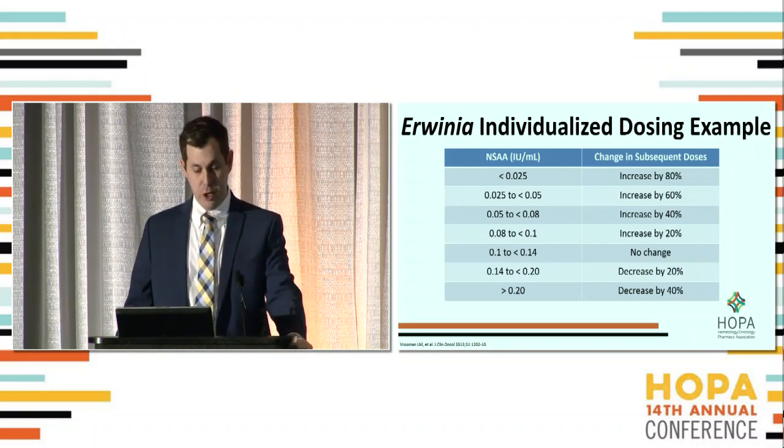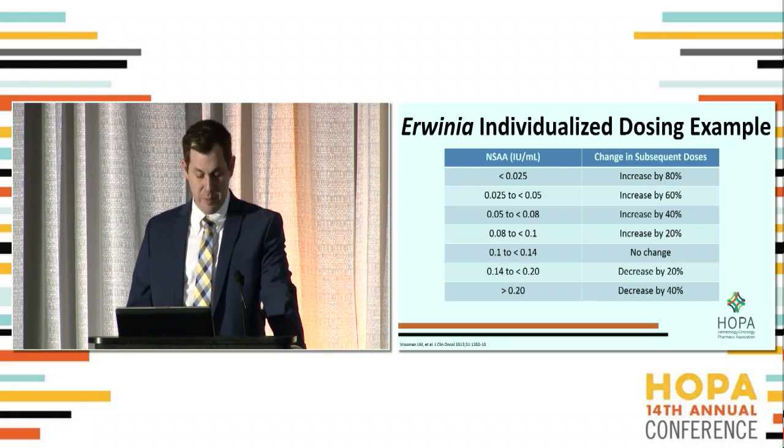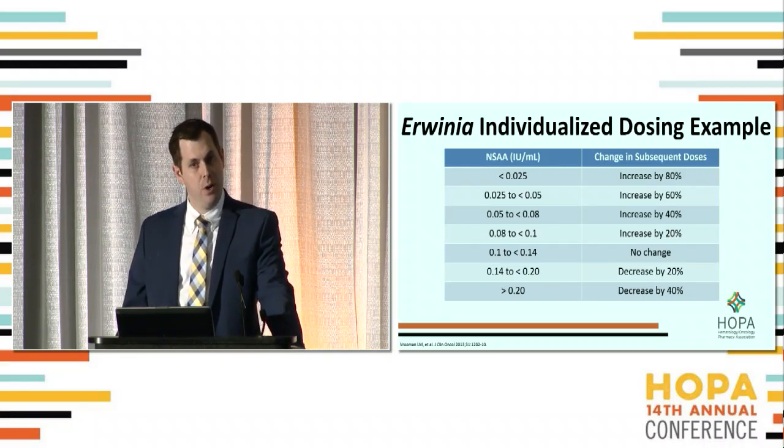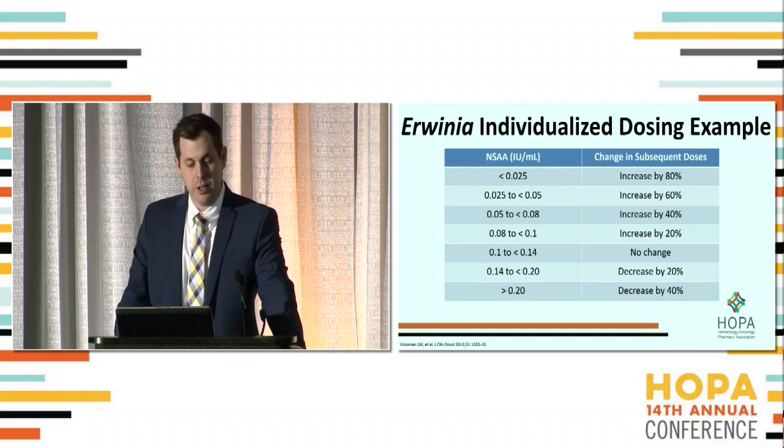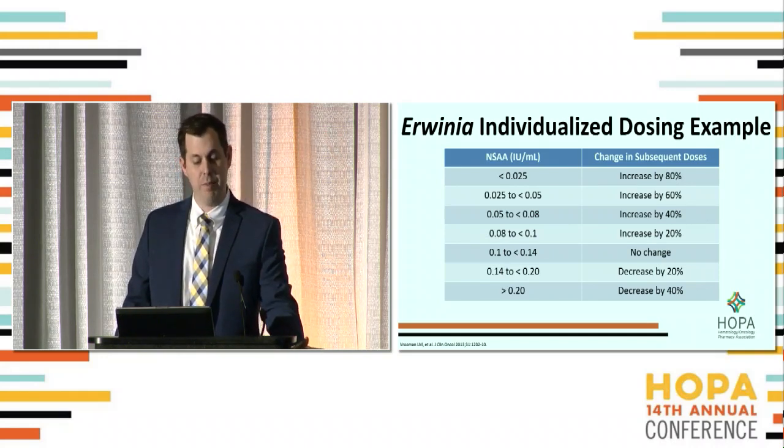The Dana-Farber group has published an individualized dosing example for Erwinia asparaginase based off their own internal data, but keep in mind that if you're a COG study, unfortunately, you can't really play by these rules if you have a kid on study. Looking at our asparaginase activity level, again, you want your goal to be above 0.1. They recommend no change. If your level's less than 0.1, they recommend increasing by different percentages.